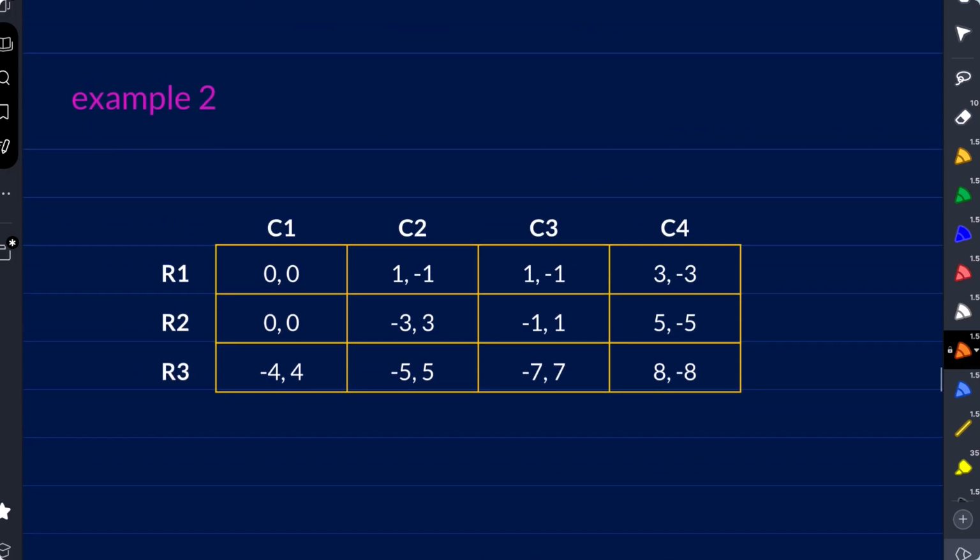Let's look at player 2. Between C1 and C2, if R1 happens, C1 is better. If R2 happens, C2 is better. And if R3 happens, C2 is better. But neither option dominates the other.